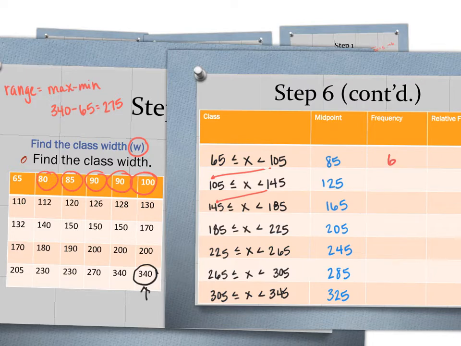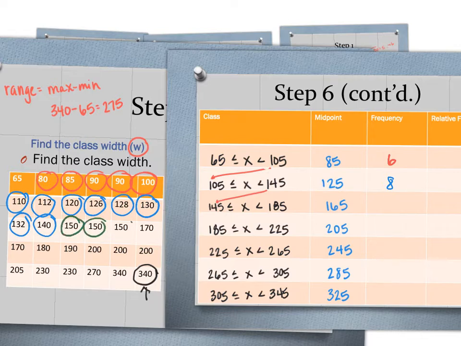In the next class, how many observations are greater than 105 but less than 145? 1, 2, 3, 4, 5, 6, 7, 8. In the next class, how many observations are greater than 145 but less than 185? 1, 2, 3, 4, 5, 6.